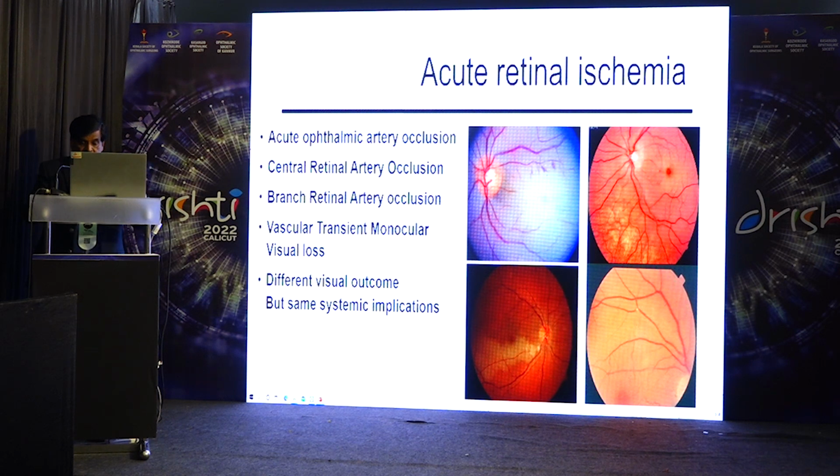These are the different forms. All of them may not have the same visual outcome at the end of the treatment, but the systemic implications are the same. That is the most important thing. Let us see what are the systemic implications.